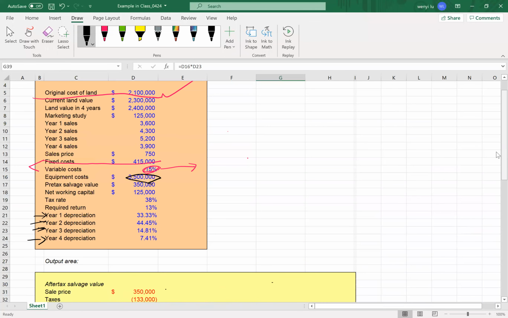So what's the salvage value after tax? It will be the salvage value before tax times 1 minus the tax rate, 38%. So use the 350,000 times 0.62, and we get the salvage value after tax.